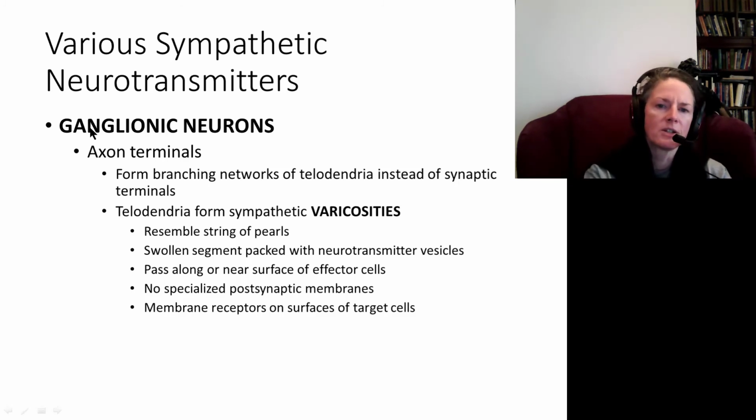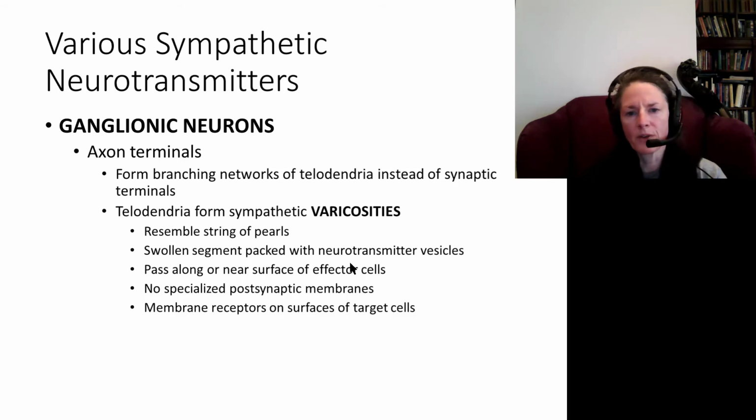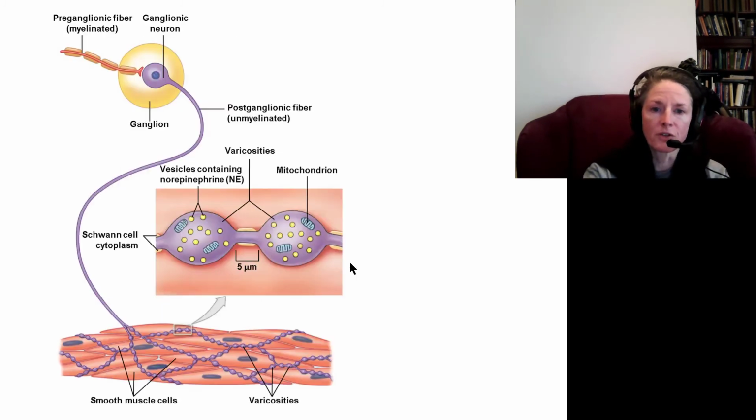And these telodendria are going to create these things called varicosities, which are just swellings. We're going to have the neurotransmitter inside vesicles along these things. And the effectors that they innervate, they're going to wrap around. There's not going to be a specialized postsynaptic membrane, but there will be receptors scattered all along the surface of the target cells. So it looks something like this.